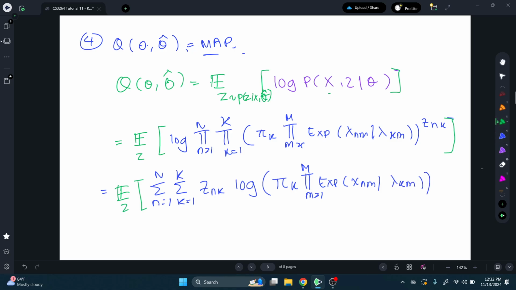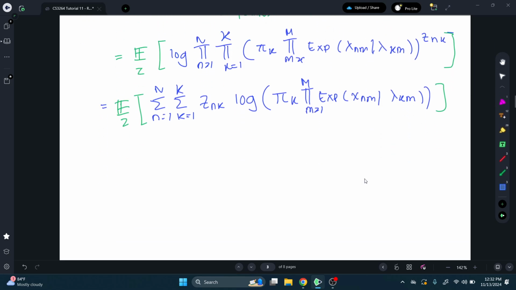Okay, so I'm taking this expectation. Now the moment this happens, I can just separate by the law of logarithms. This will be your log of pi k plus the sum from m equals 1 up to capital M of the log of this exponential distribution.